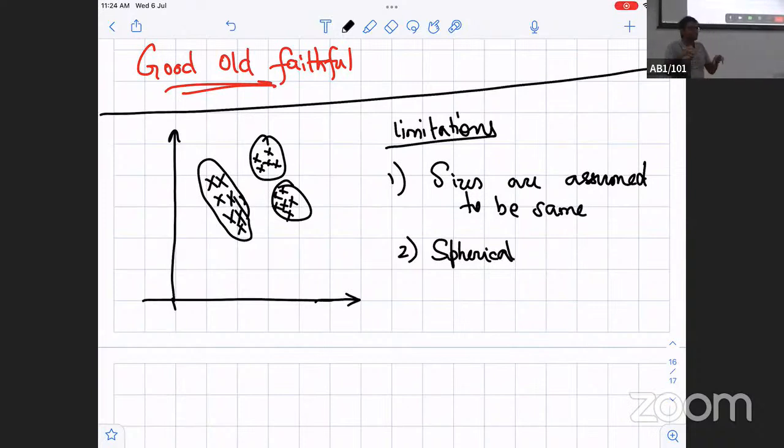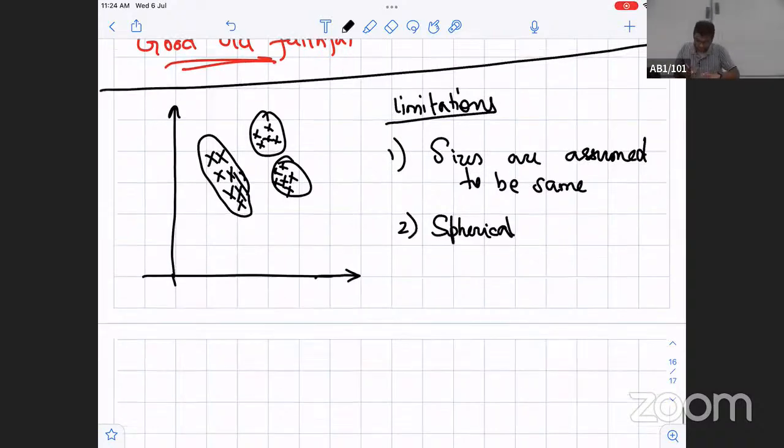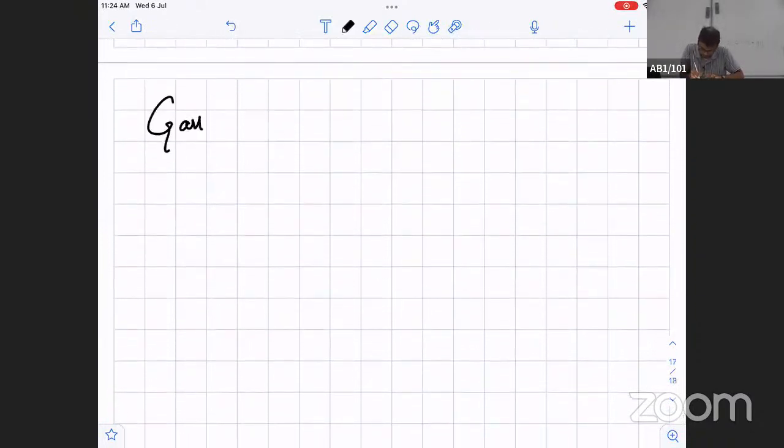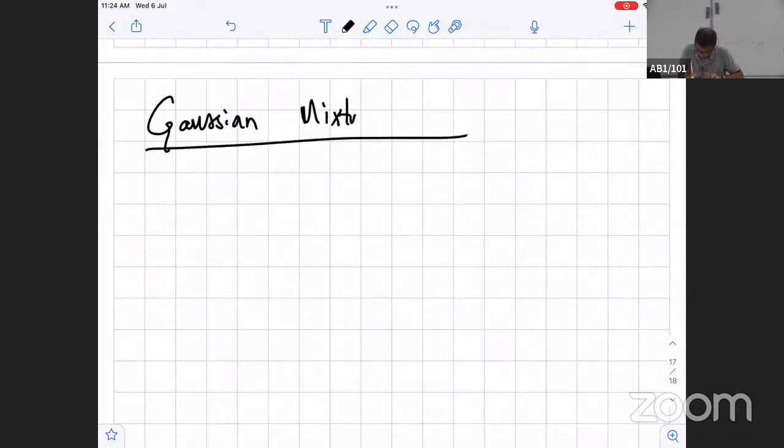But in general that may not be the case. You may want to fit ellipses instead of circles. That is where we will use what are called Gaussian mixture models. That is the next clustering algorithm that we are going to study.